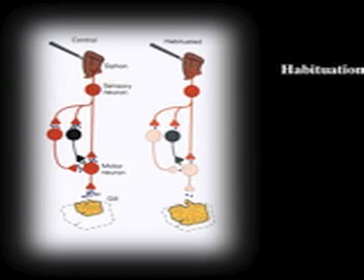So in the control animal, we stimulate the siphon and we get the release of a goodly amount of neurotransmitter. But in the habituated animal, that stimulation of the siphon leads to the release of less neurotransmitter. So the animal's neurons are responding less to that stimulation in a chemical sense because they're habituated.